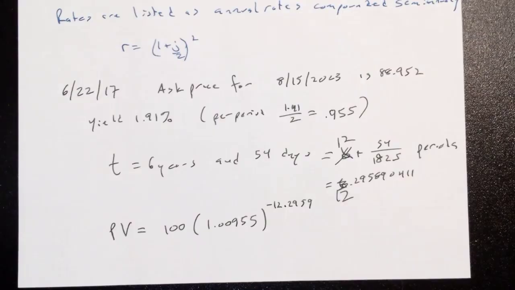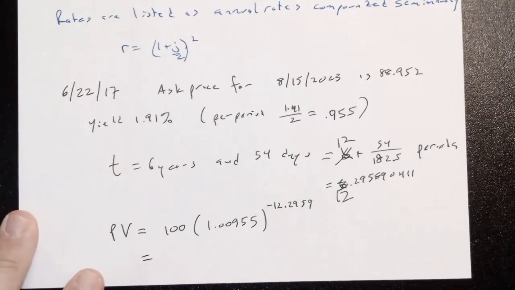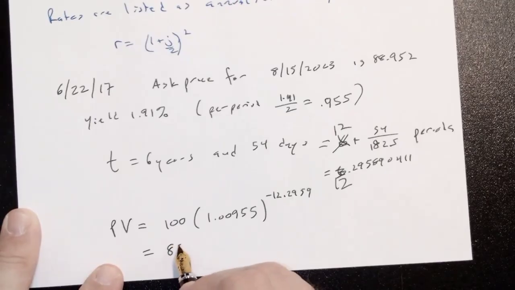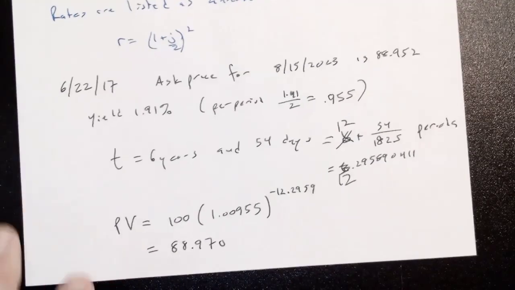What do you get? 88.70. But up here I have 88.952.